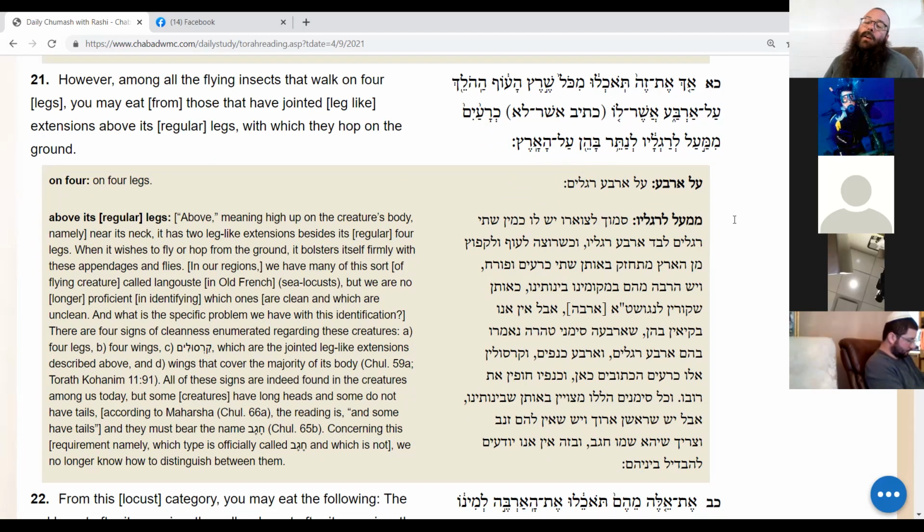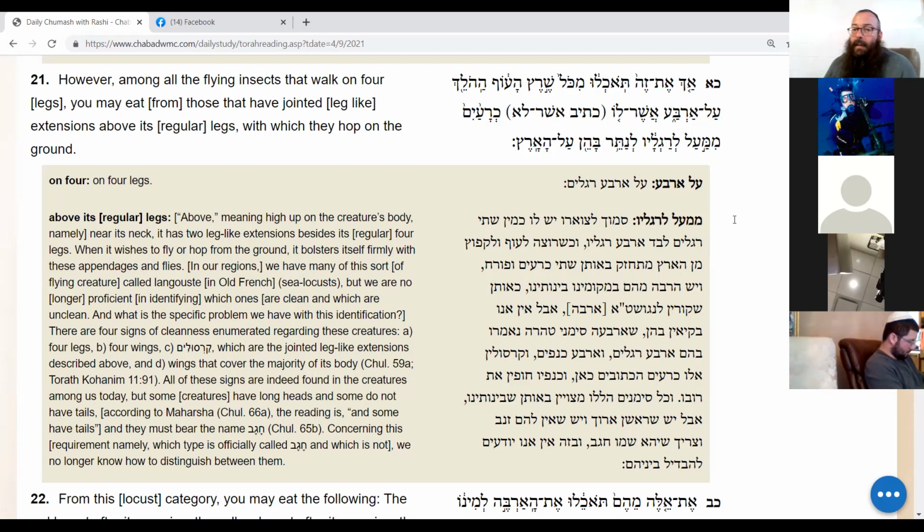Let's see this verse. These are the ones you're allowed to eat. From any kind of the flying insects, there's a certain kind of insect that's allowed. It has to walk on four feet. Of the four-footed ones, you're allowed to eat it. Asher lo kra'ayim mi'ma'al l'raglav. He has to have extensions above his regular legs. I think these are the hopping, like grasshoppers hop.